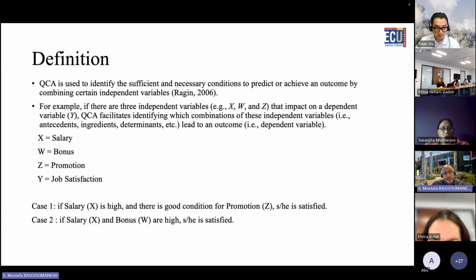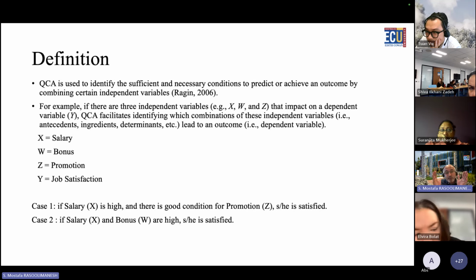And based on theory, we identify, I'm saying based on theory because like other social science studies, theory has a critical role to identify our research framework, and without theory we cannot develop relationships, especially causal relationships, in our research and study.